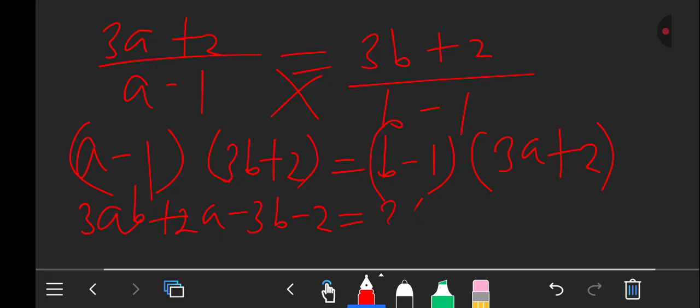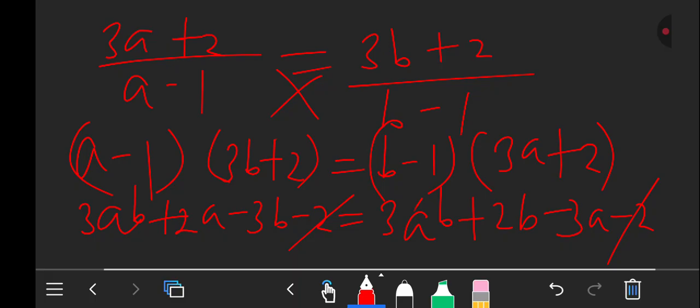b multiplied by 3a, that is 3ab, then b multiplied by 2, that is 2b, then negative 1 multiplied by 3a, that is just negative 3a, then we have negative 1 multiplied by 2, that is just negative 2. Okay, we can see that if this 2 goes to this side, it will be plus, and they are going to cancel with the negative 2 here. So we can cancel out this, because when it goes to the other side of the equation, it will cancel out.